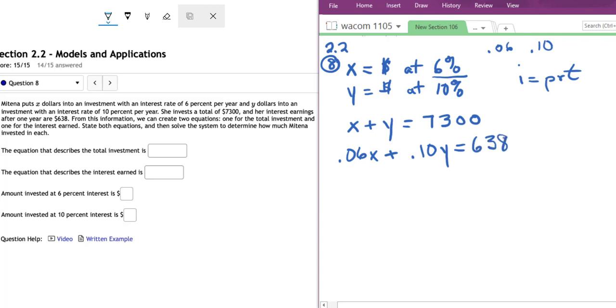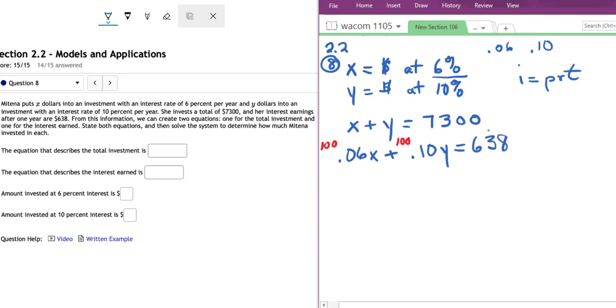Now you have two equations with two unknowns, and you can solve different ways from here. I chose to clear the decimals. You can do that or not. If you want to clear the decimals, you need to multiply through by 100. For your longest decimal, you need as many zeros in your power of 10 as you have digits after the decimal. So I need 100 because I have 2 digits after the decimal here.